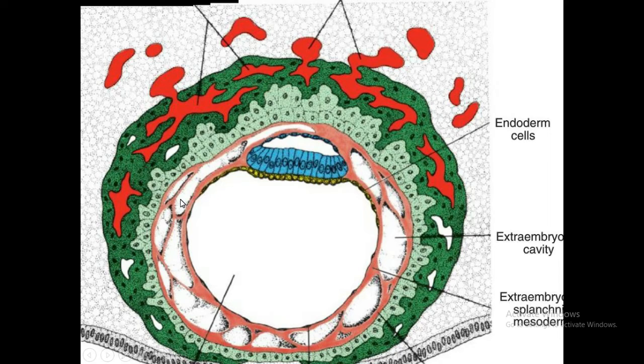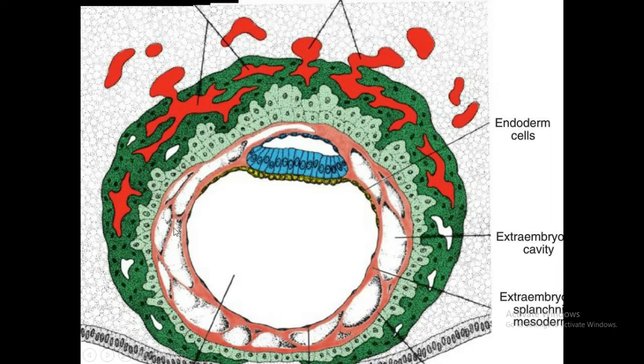The cells of this layer come from the lining of the primitive yolk sac. So the lining of the primitive yolk sac produces a new layer, the extraembryonic mesoderm, between the primitive yolk sac and the cytotrophoblast.